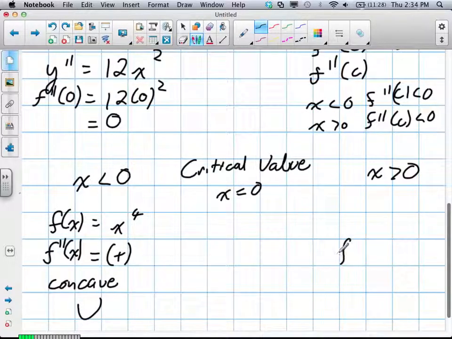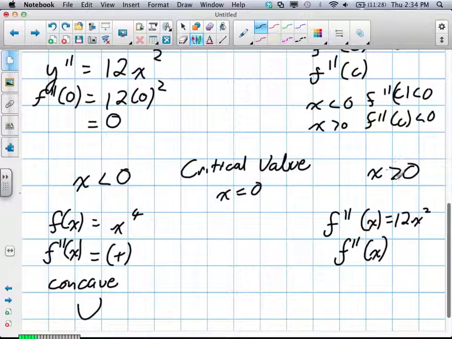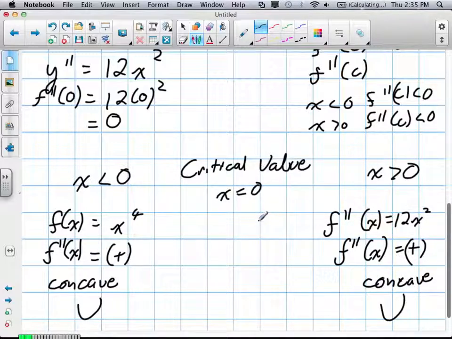And when x is greater than 0, and remember our double prime function was 12x squared, well, we're still going to get a positive answer, so we're still concave up. So because we're concave up on both sides, we're not at a point of inflection, we're at a minimum.